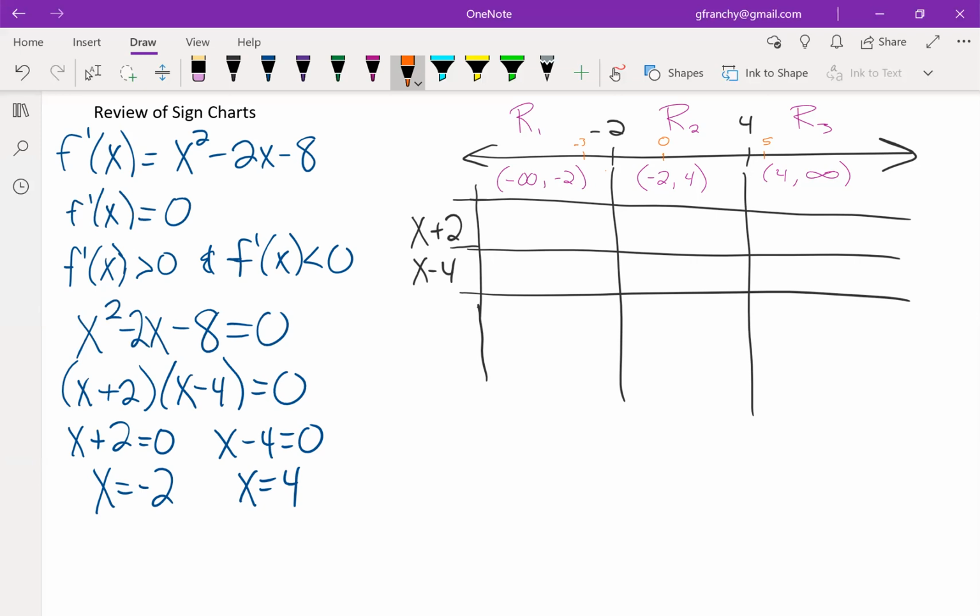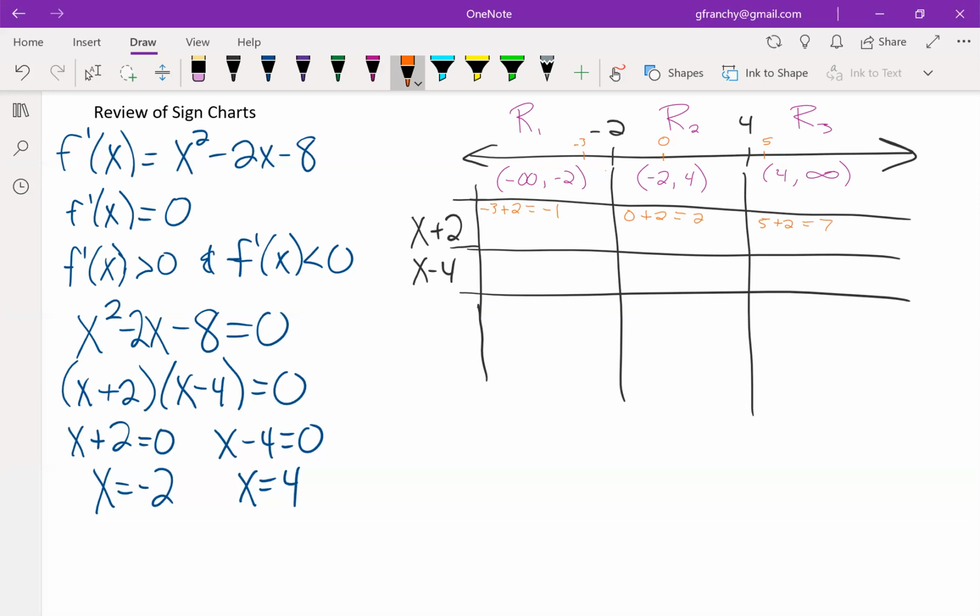And what they would do with these test points is they would go ahead, plug them into the factor there to go ahead and see what we get. Mostly being interested in positive or negative.